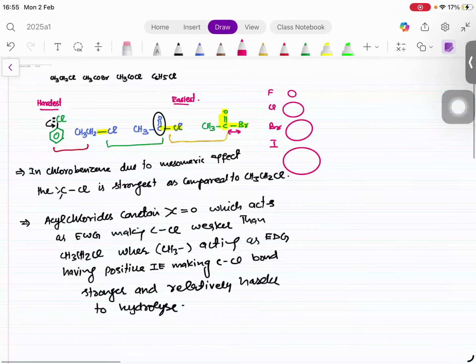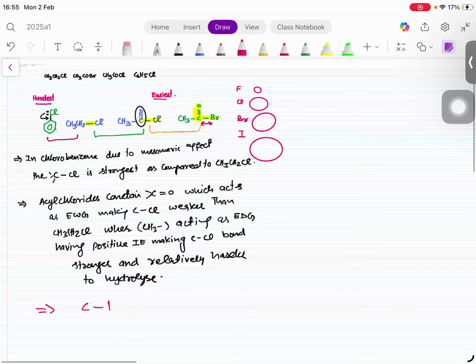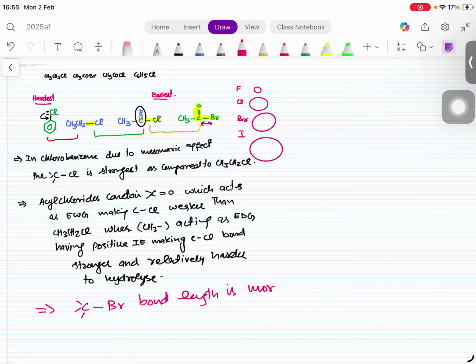So please write down that C-Br bond length is more. No. We just have to focus on C-Br bond. In hydrolysis, always focus the bond strength के ऊपर, because more bond strength, less hydrolysis.